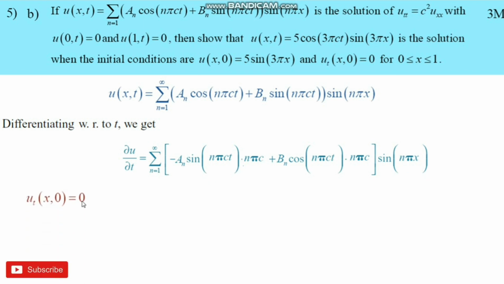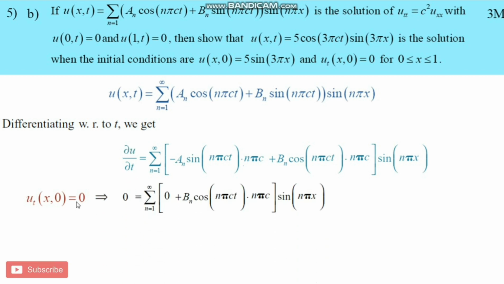Now using the initial velocity condition, which implies that ∂u/∂t is 0, we have written 0 on the left hand side.